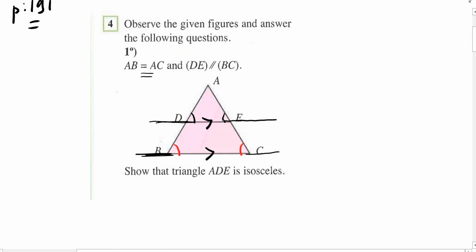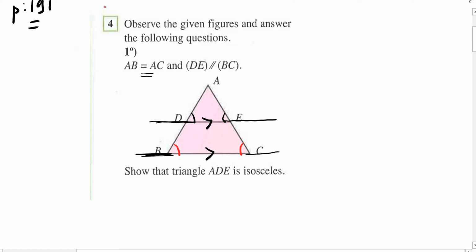Now, since there is no given that helps me to prove that AD is equal to AE, then I need to think about the angles. And since we have parallel lines and our lesson is about angles and parallel lines, I can think of corresponding angles or alternate interior angles.